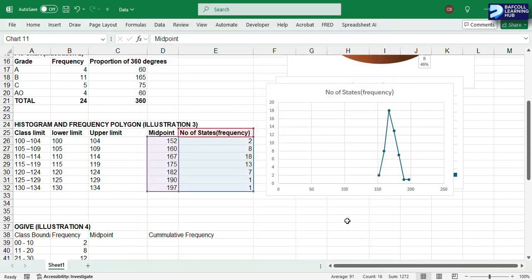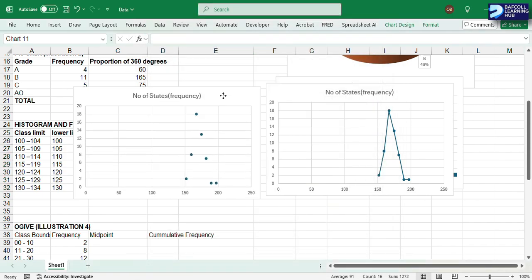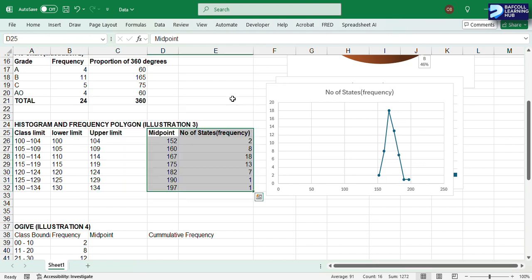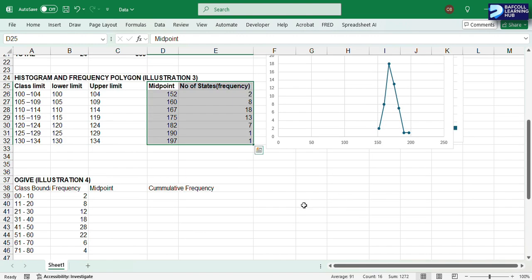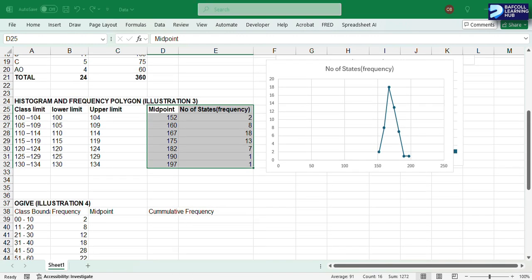Comparing these two, you can see that this one shows only the plotted points without the lines. If you are doing it manually, let's say on a graph sheet, you plot your points, then after plotting, you draw a line through it to get something like this for a frequency polygon.